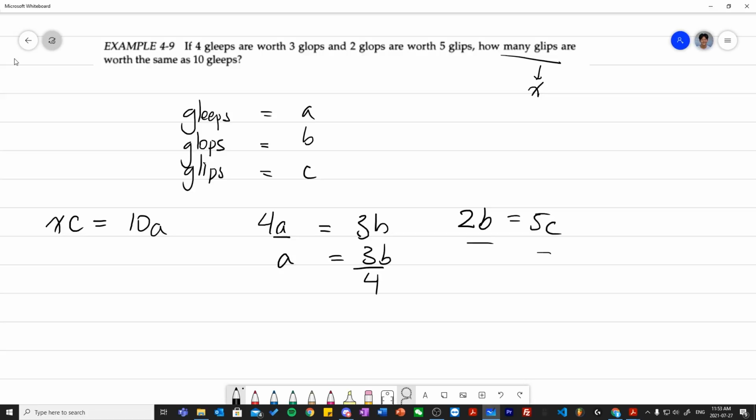Now we can convert this 10a into b: 10 times 3b over 4, and so x amount of c would equal 15 over 2 b.